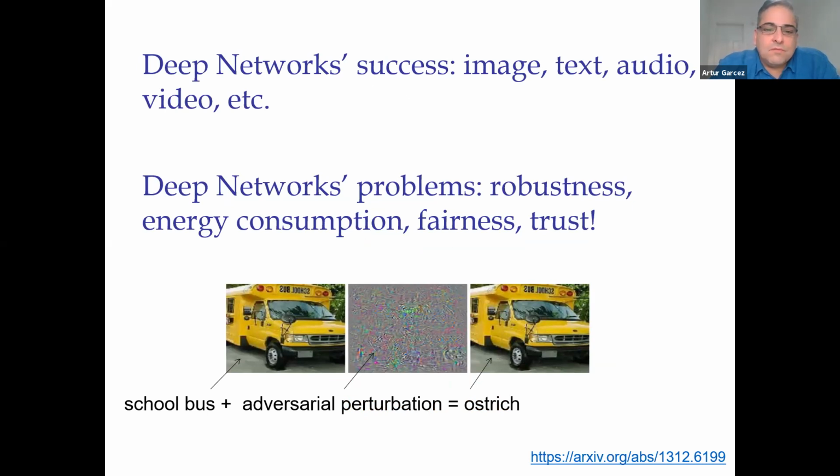And if you haven't seen this one, you've seen the panda and some other similar pictures where, despite a lot of success and very relevant applications, deep neural networks can be fooled. They have issues of robustness, problems with energy consumption, too much of that, leading up to problems with fairness and ultimately trust.